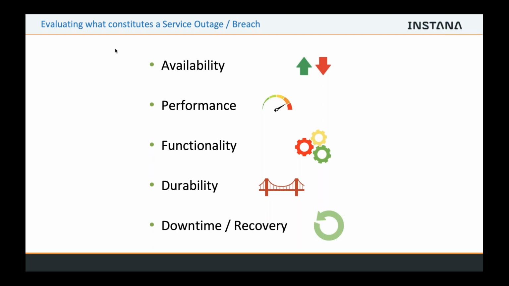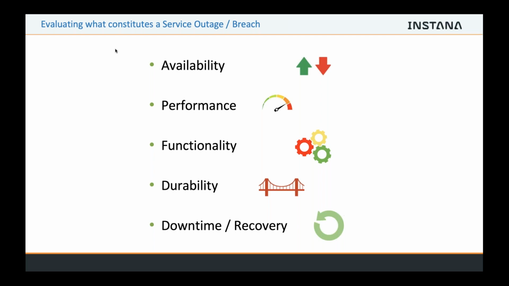So this is the next point I was referring to, and what I want to talk about is how we define what constitutes a service outage. It could be network, environmental, regional. The application could be down, the service is unavailable, we may be getting an incorrect reply, there's an application error.